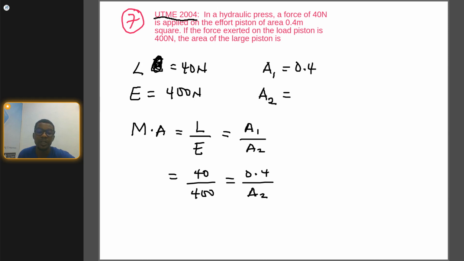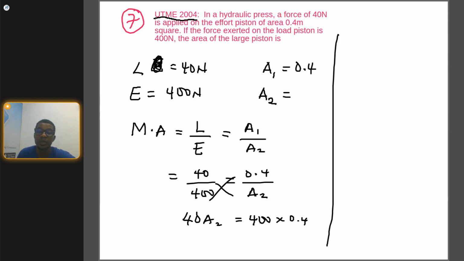So by cross multiplication, we have 40 A2 equals 400 times 0.4. 400 multiplied by 0.4 is 160.